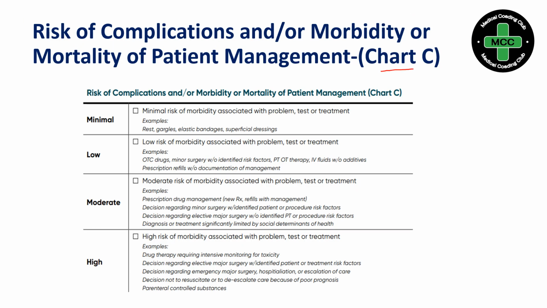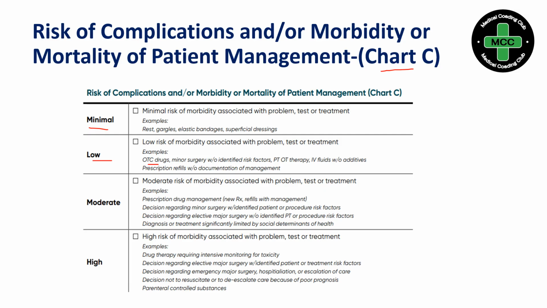Next we have chart C. Chart C is for risk of complications, morbidity or mortality of patient management. It is nothing but the treatment plan in order to treat the medical condition. For example, if the provider is giving only general instruction, then your risk will be minimal. If the provider is performing or prescribing an OTC drug, then it will be low.